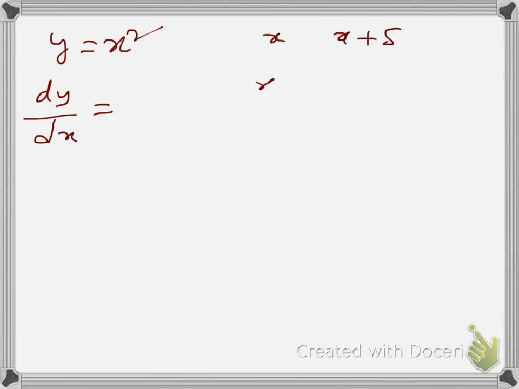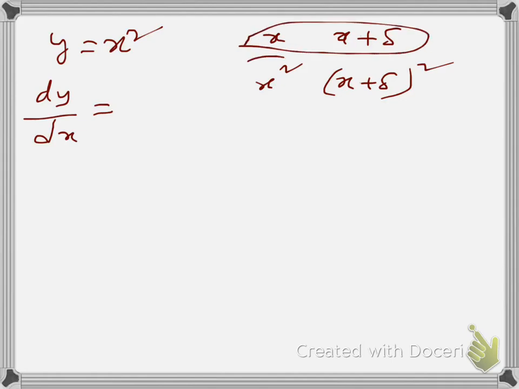Then y will change from x square, because when you substitute x you get y, y is x square, to x plus delta whole square. Can you see that? If x is 0, y is 0 square. If x is 1, y is 1 square. If x is x, y is x square. If x is x plus delta, y is x plus delta whole square. Okay? So this is giving you change in x. This is giving you change in y.